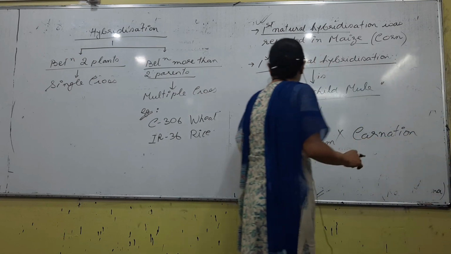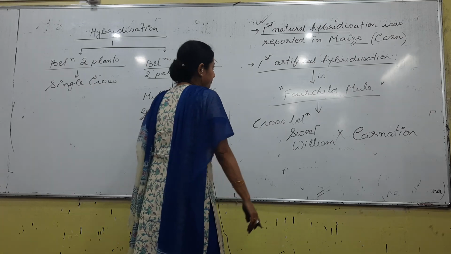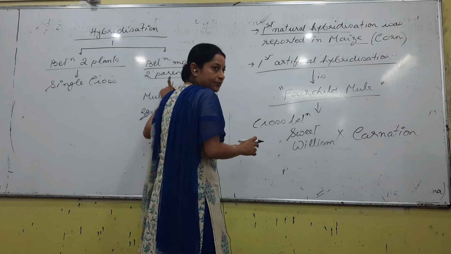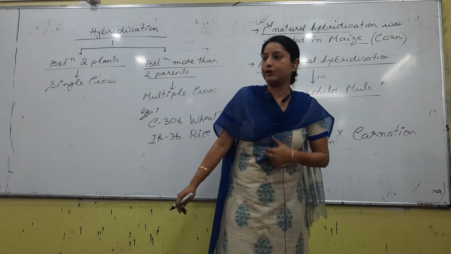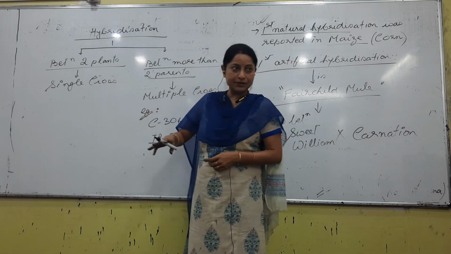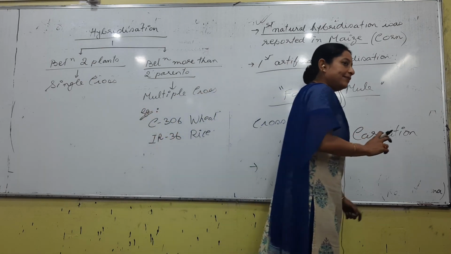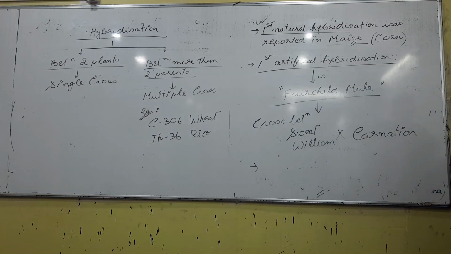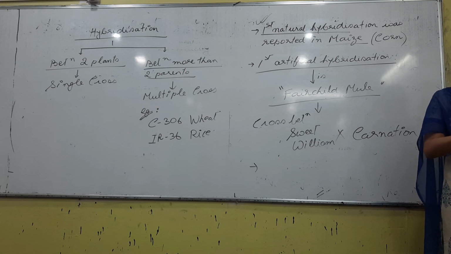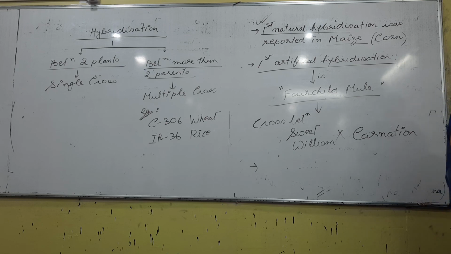পইণ্টছ কেইটা লিখি লওঁ, তোমাৰ এইখিনি লিখা হ'ল? অ'কে, কোনটো পইণ্ট বুজি পোৱা নাই? Single cross, multiple cross, hybridization মানে কি? Two different plants, right? If you cross two different plants you get generations, right? Only two plants are involved. Only two plants are required for the cross; if that is the condition, that is called a single cross.